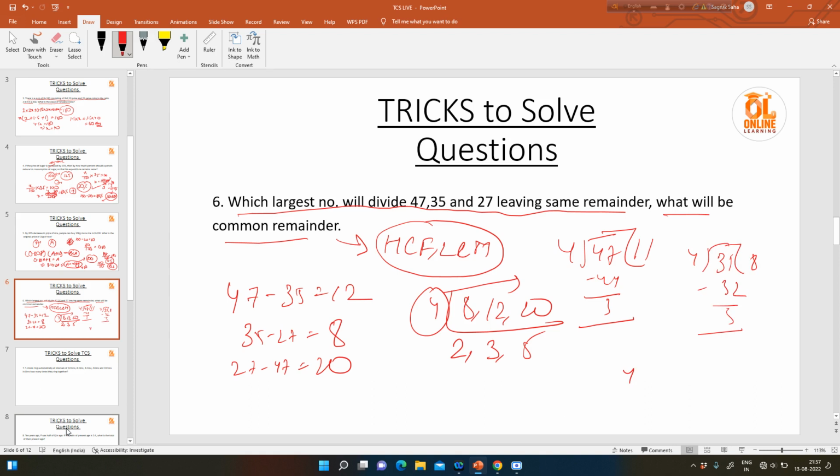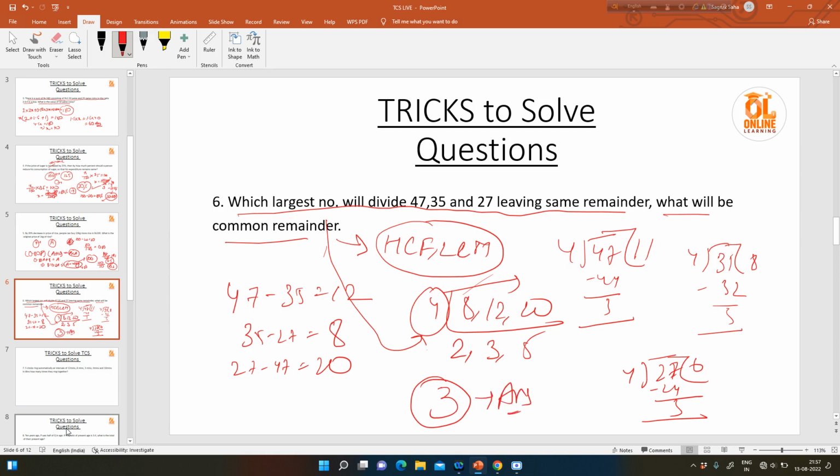Then again 4 by 27, 4 6s are 24, the remainder would be 3. So the largest number is 4. If that is the HCF, if we do the division by 4, we will have a common remainder 3 in all the cases. So the answer is 3.